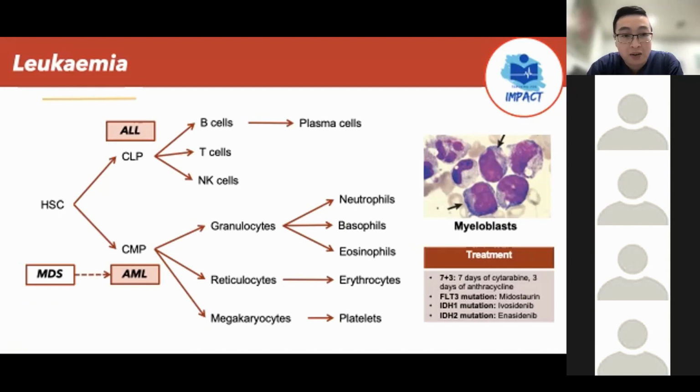Often that's enough. In up to 80% of patients, especially if they're young, they go into complete remission after 1 cycle of 7+3 therapy. Great. Which is the good thing about acute leukemias.